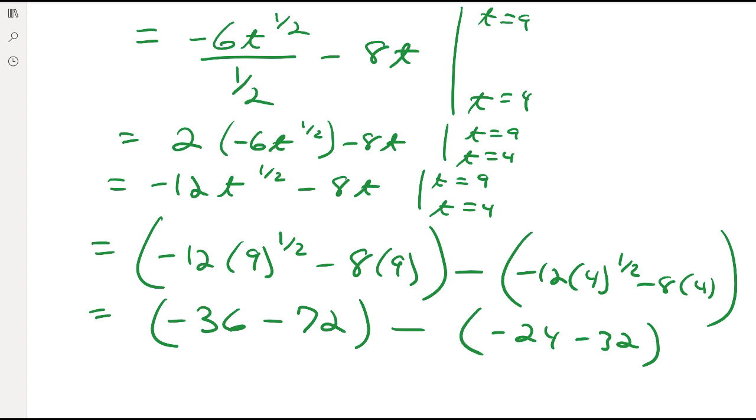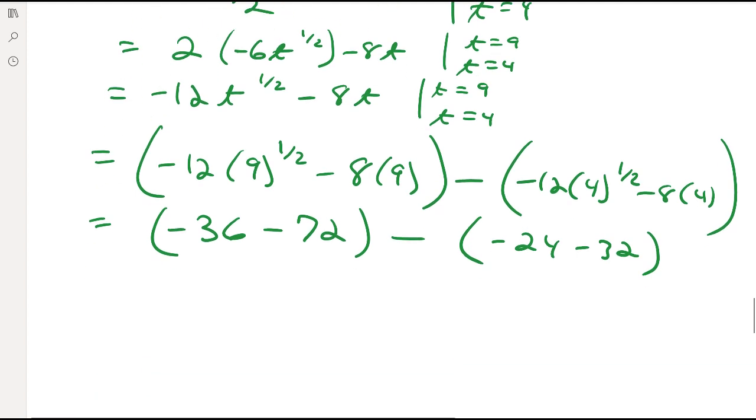All right. Now it's just a matter of cleaning up everything. So let's see here. Negative 36 minus 72, that's a negative 108. Minus a negative 24 minus 32, that's a negative 56. If my arithmetic is correct.